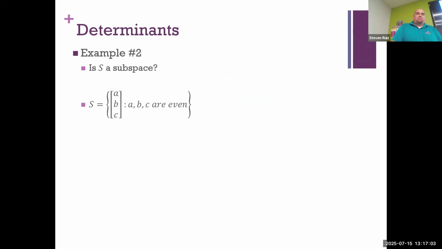All right, let's look at a new one. What about this one? So A, B, and C can be anything as long as they're even. What do we think? Go ahead. No, how come? Okay. So let's say you just said that A was 2.